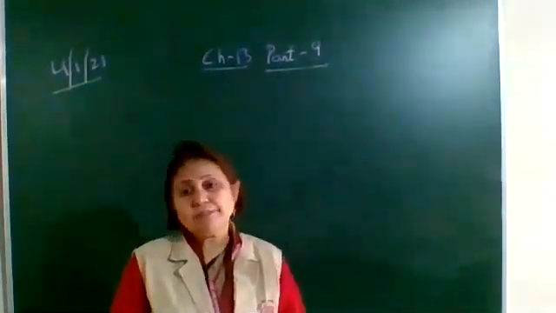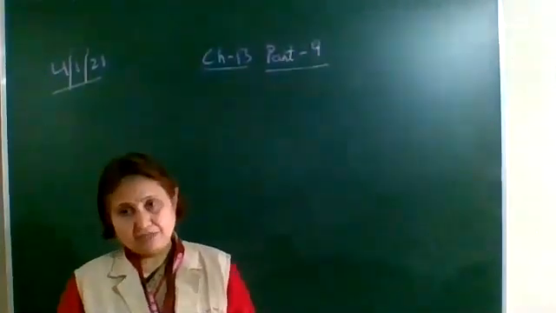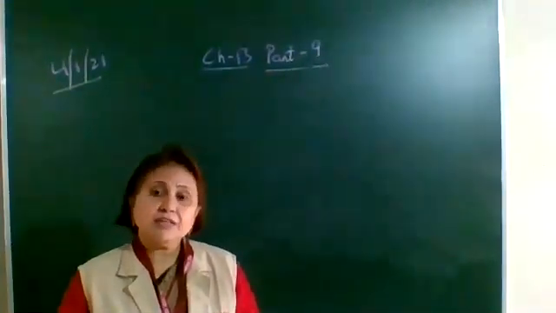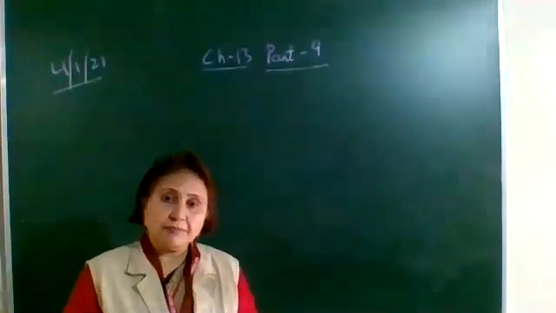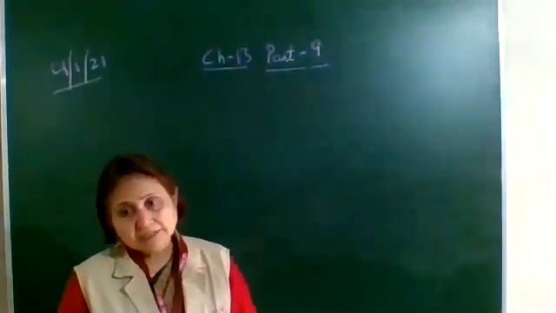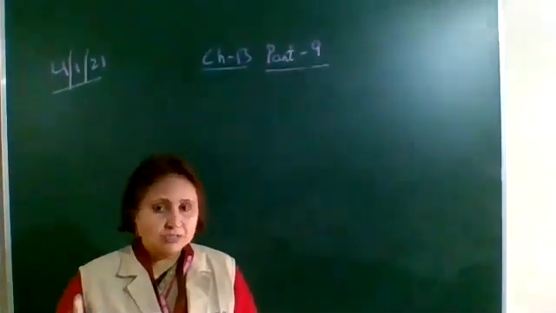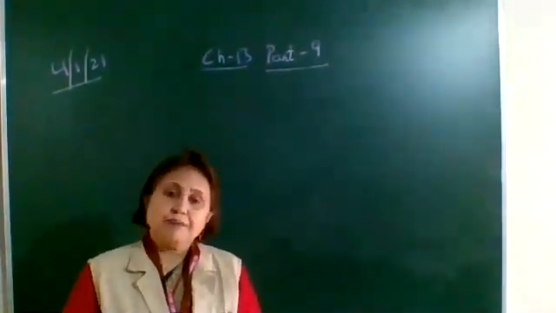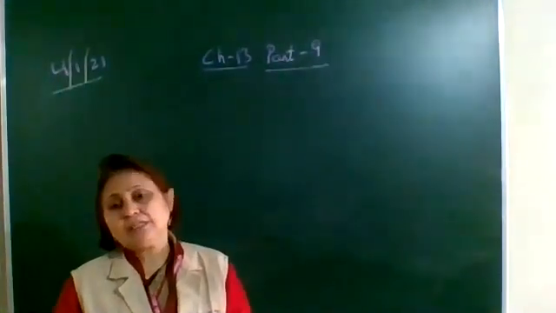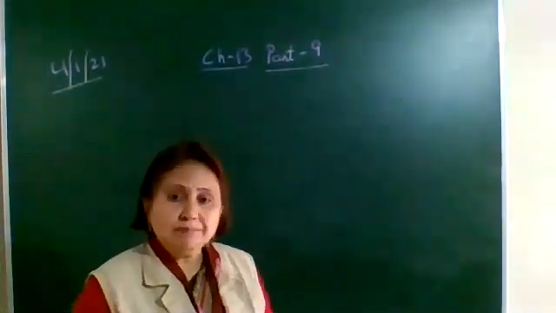And also it depends upon the strength of the magnetic field. If the strength of the magnetic field is increased, then the force also increases. So force is directly proportional to the current, directly proportional to the length of the conductor, and also directly proportional to the magnetic field.